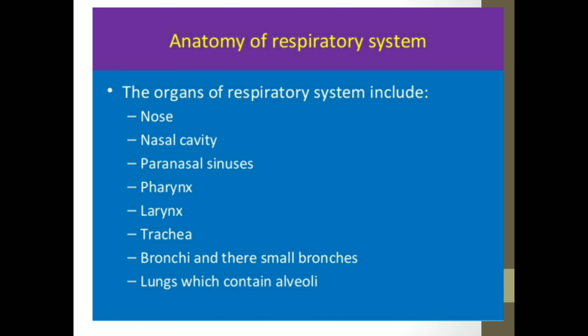The respiratory part includes the alveoli. In the lungs, there are alveoli, and only in the alveoli do you see the gaseous exchange. All other parts are involved in the conducting part of the respiratory system.